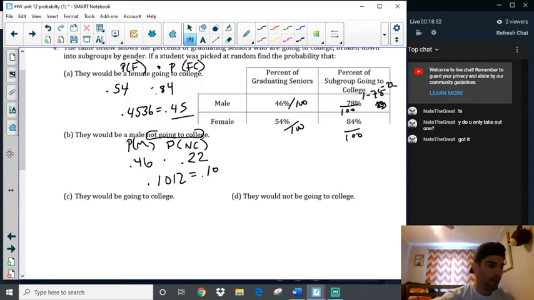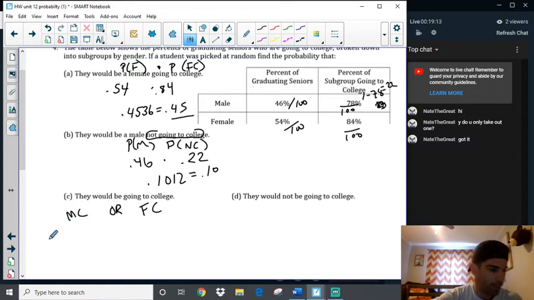Okay. So C now, probability that they would be going to college. So now you have, okay, do they care if you're male and going to college? Do they care if you're female and going to college? No, they just care about all of them. So again, this is going to be one of those or, because we could have the male college or we can have the female college. Doesn't matter which one.